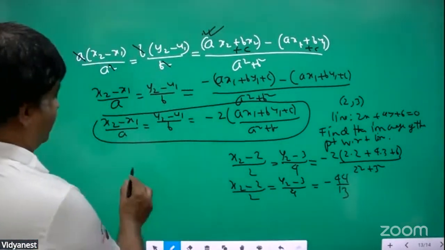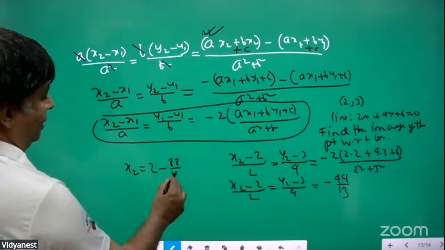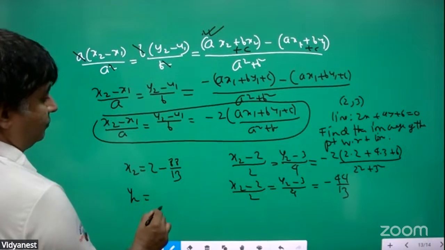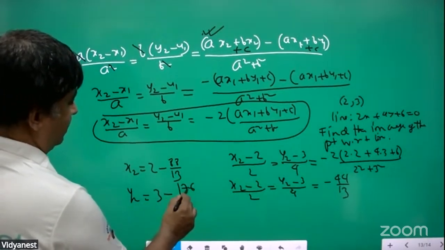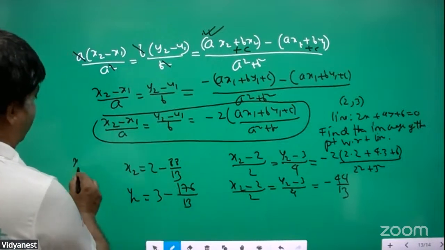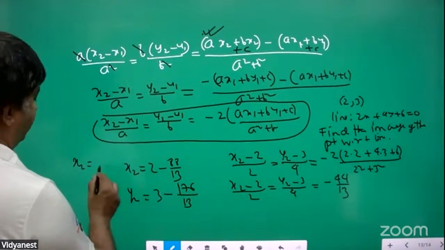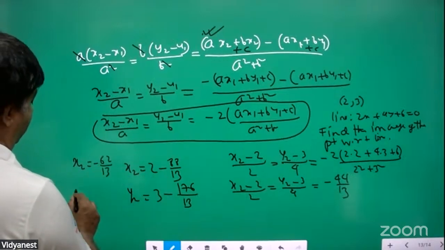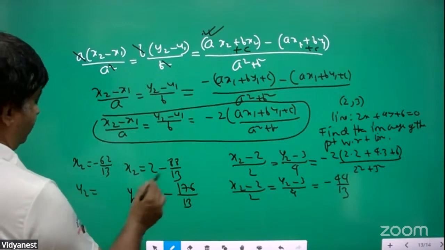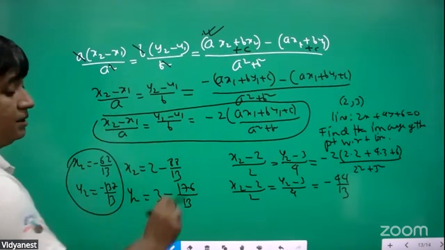So x2 is what? 2 minus 88 by 13. y2 is what? 3 minus 176 by 13. So x2 will be minus 62 by 13, y2 minus 137 by 13. This is the image.